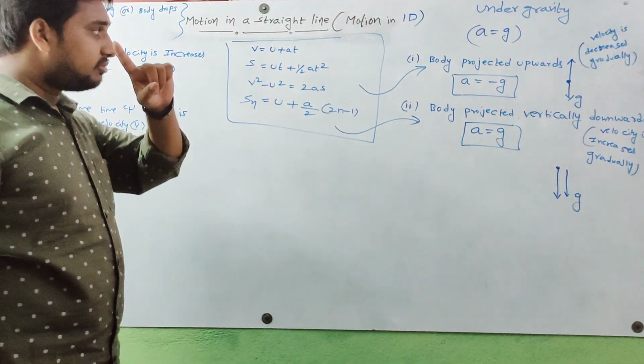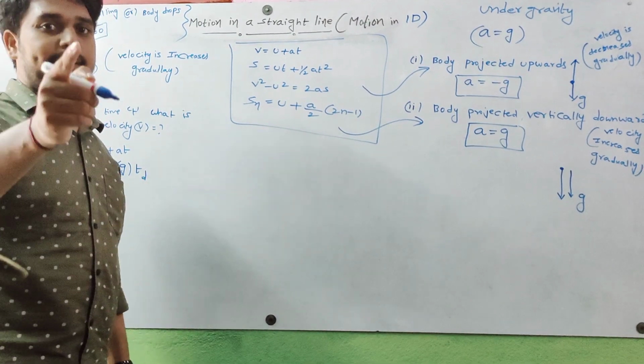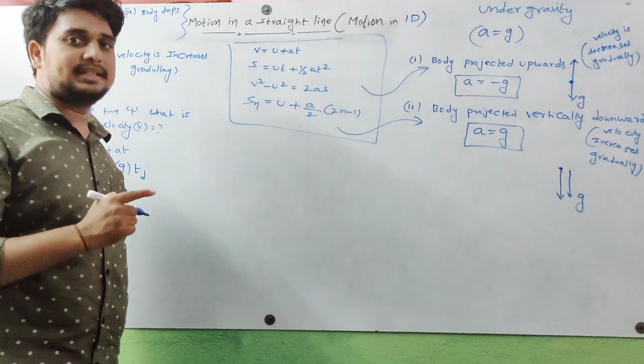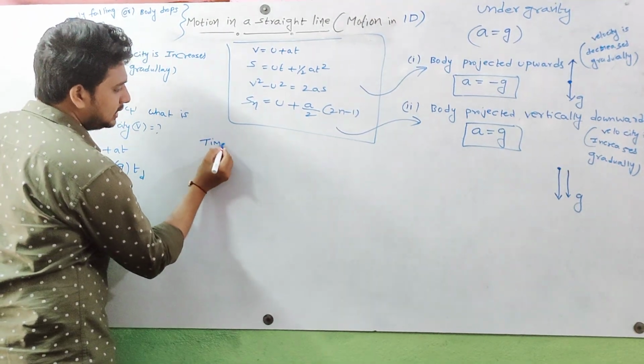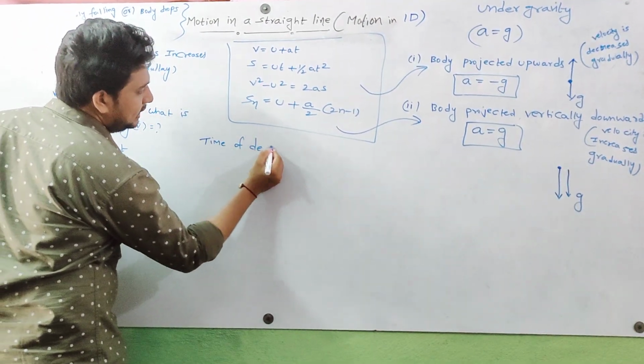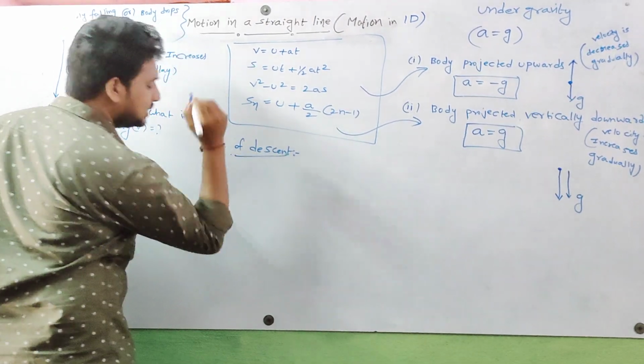In the case of a body projected upwards, we discussed time of ascent. Here we discuss time of descent. What is the definition of time of descent? What is meant by time of descent?